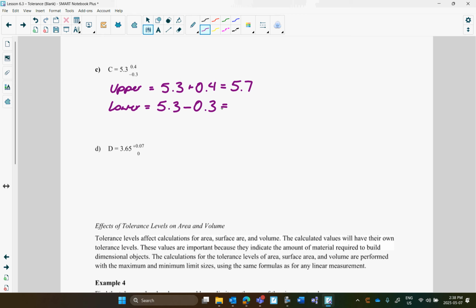This is a negative number. It just means subtract. It doesn't mean subtract a negative. So 5 or 5.0. Yeah, 5 is fine. So the tolerance is 5.7 minus 5.0, which is 0.7.